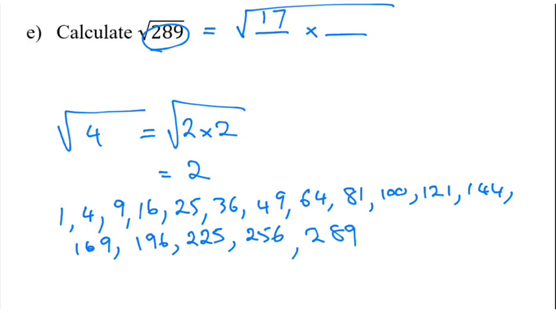So 17 times 17 is equal to 289, so the square root of that is 17.